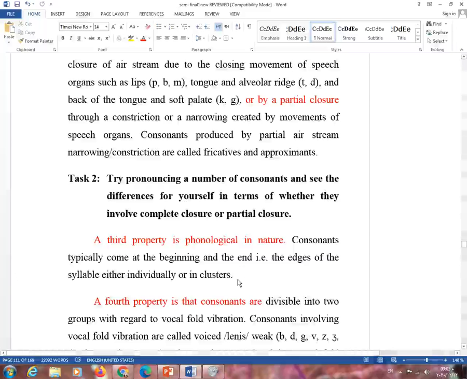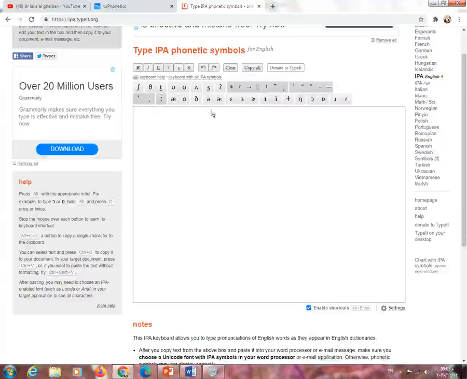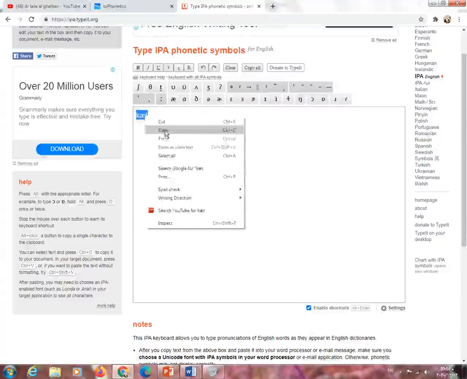For example, the word cat. If we transcribe this, we find that it's k, then a, and this is t.